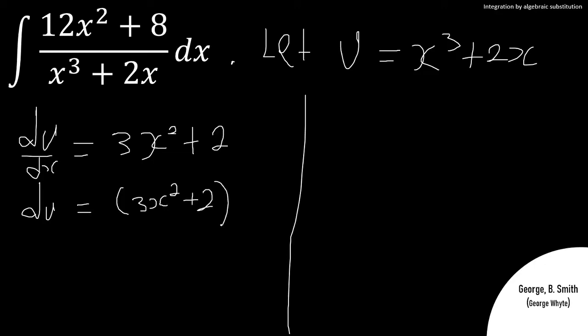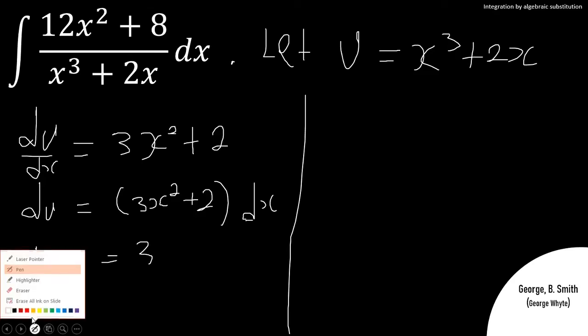So I'm cross multiplying, so that's going to be multiplied by dx, right? So you want to make dx the subject, take note. So you divide both sides by 3x squared plus 2.